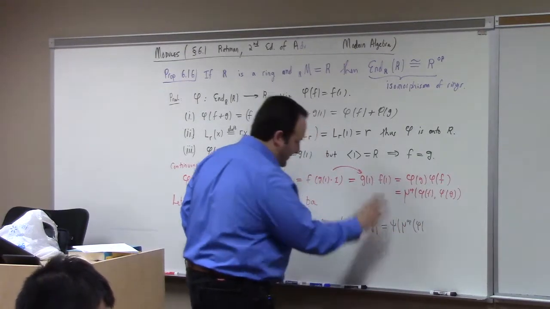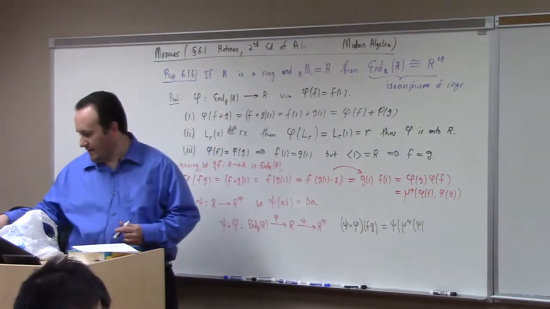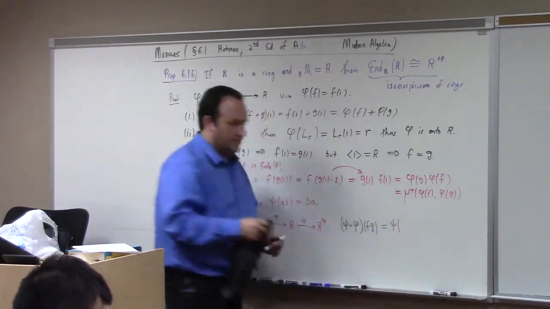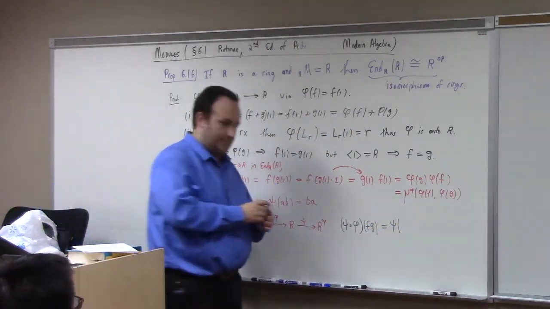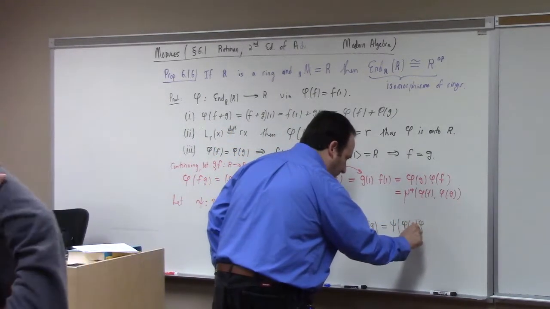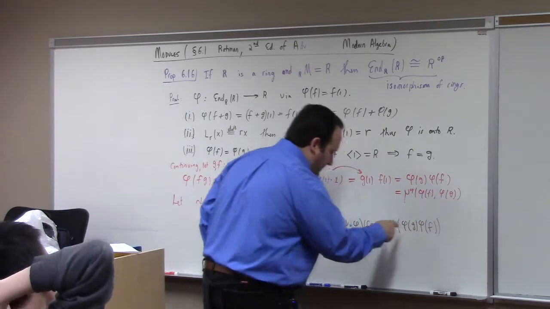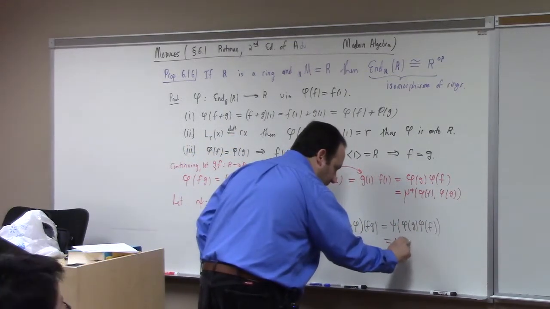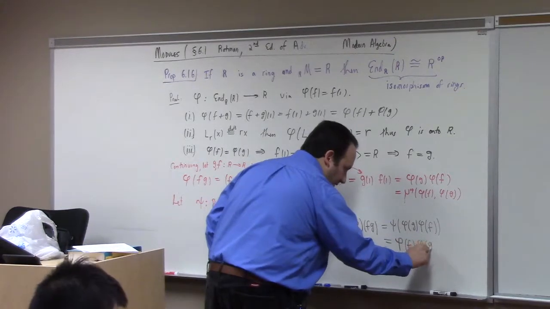Well, let me just forget about the mu op. We have phi of g, phi of f. But what is the opposite? This is the anti-isomorphism, so it switches the order. And there you have it.